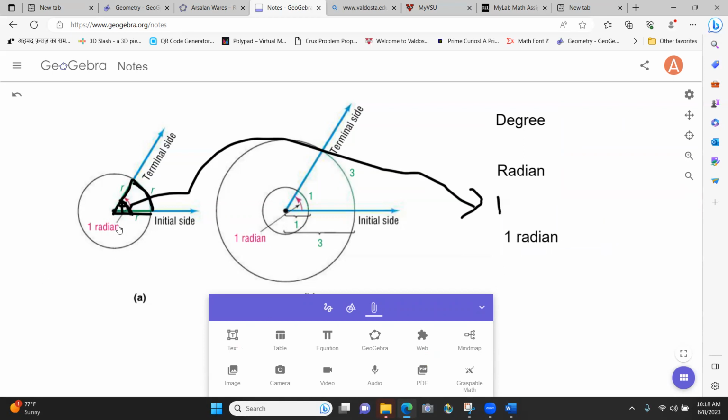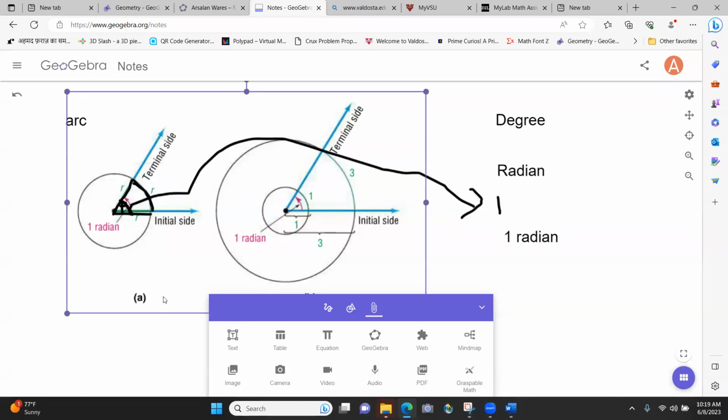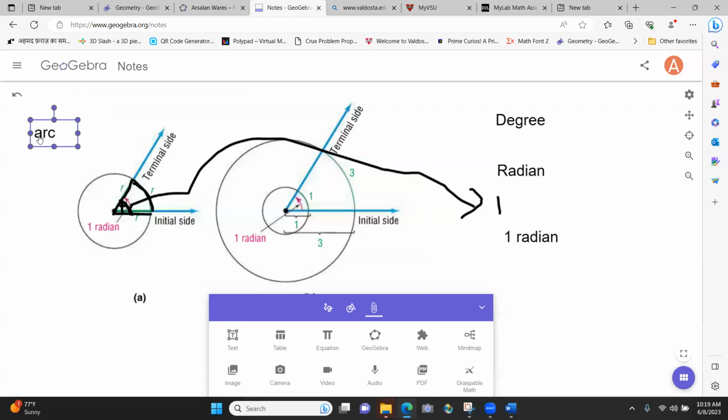If you take any circle, start from the initial side, and take your radius and go this much, this part of a circle is called an arc, A-R-C. This arc is 1 radian. If this is r, same as this r, this angle will be 1 radian.